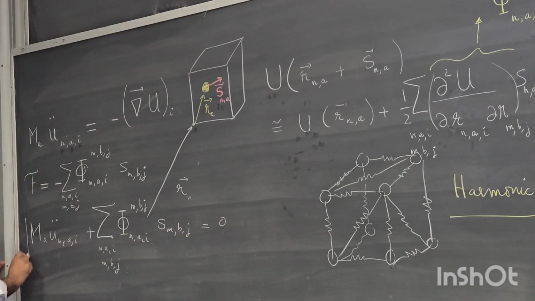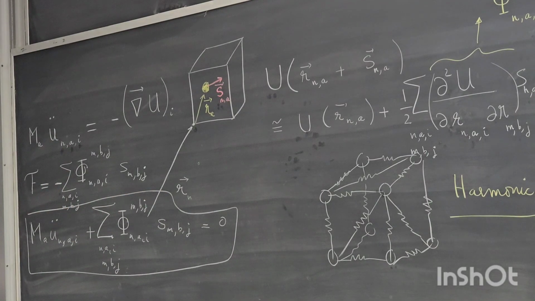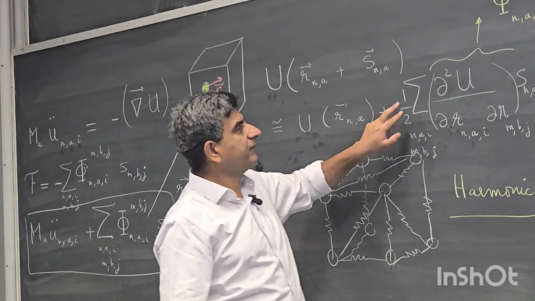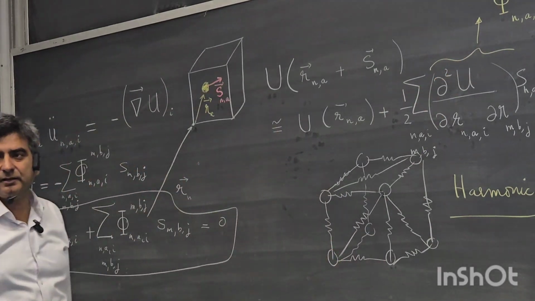So this is my equation of motion. By the way, I have put this 1/2 factor inside phi. I lumped it together with phi.